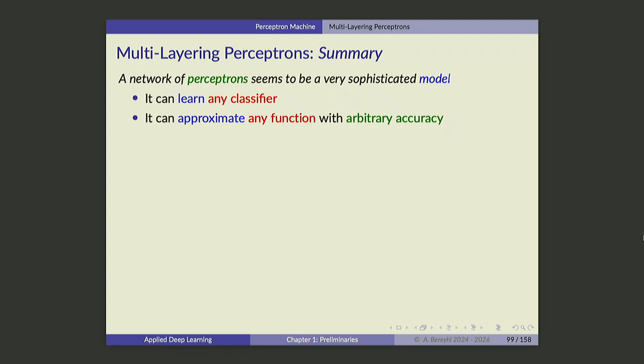This is going to happen. So you can learn any classifier. You can approximate any function. So I talked about this simple scalar function with a single real valued input and real valued output. But you could have a weird function again, right? A very high dimensional function which takes a vector of thousands or maybe millions of inputs and maps it into thousands of outputs, right?